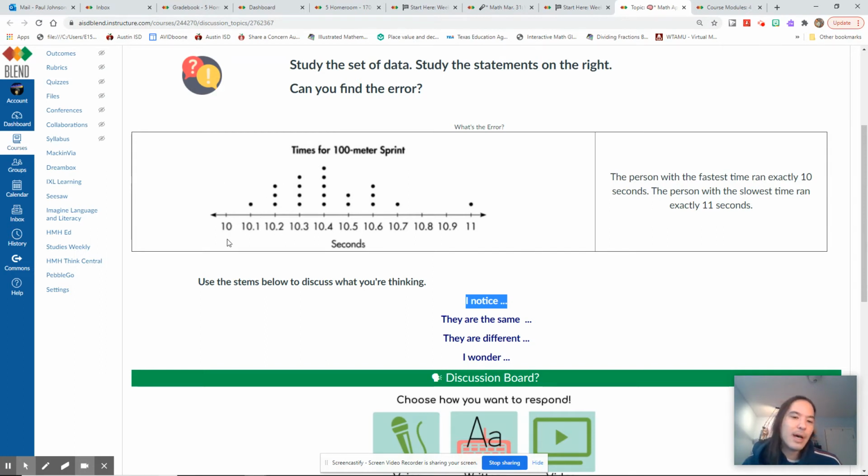I notice this dot plot has a number line. I notice that the most people finished at 10 and 4/10 seconds. I can tell that because there's 5 people that finished at 10 and 4/10 seconds. So there's a lot of noticings.